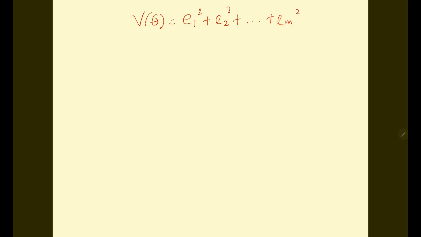In compact form, we can write it as V theta equal to E transpose E, the error vector transpose multiplied with the error vector.